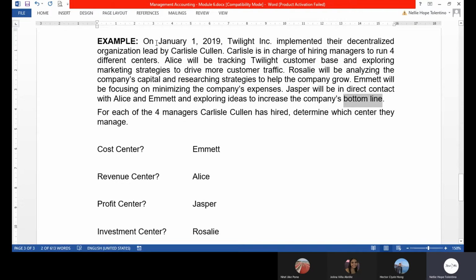So, di ba yung income statement natin, we usually start with sales, less variable cost, fixed cost, and then sa pinaka-bottom, yung pinaka-last talaga na line item is the profit, or net profit, or kung lugi, net loss. That's the bottom line.